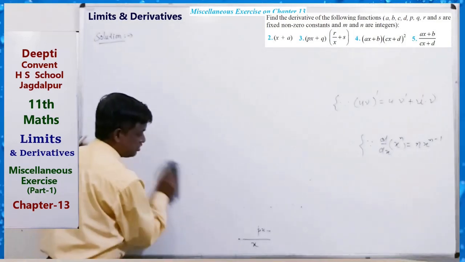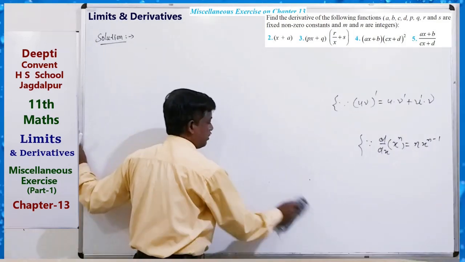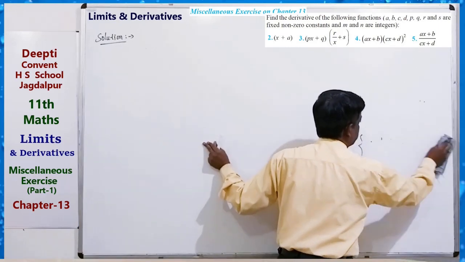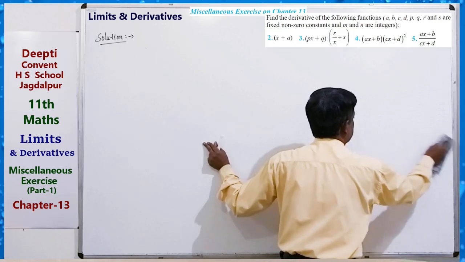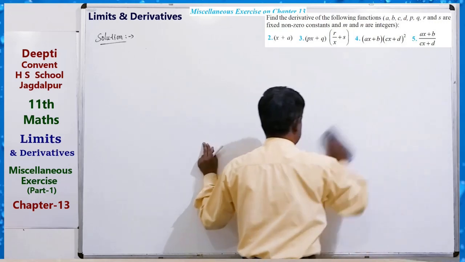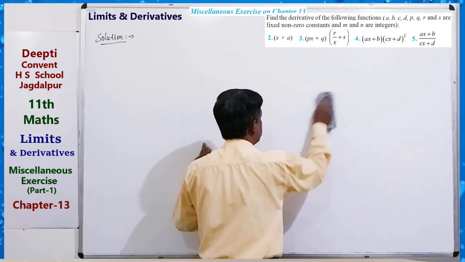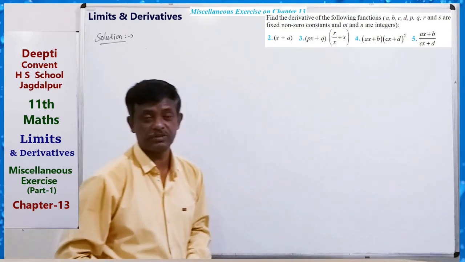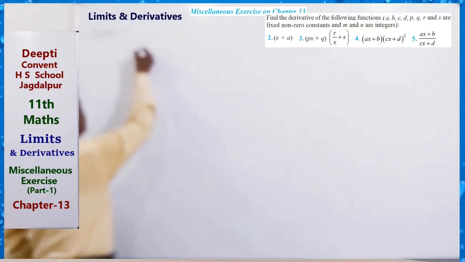Then we can distribute the derivative and find the value. And this is our basic formula, x to the power n and n x to the power n minus 1. So just one by one you can differentiate. Just practice for this.